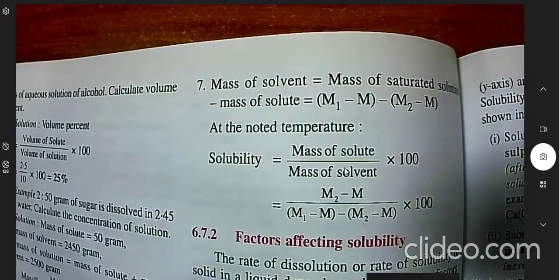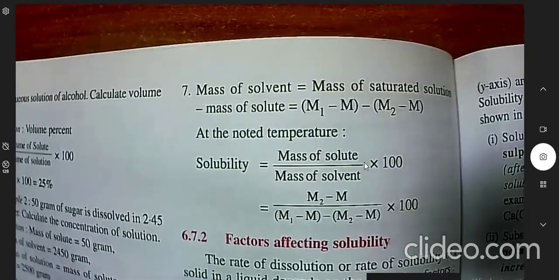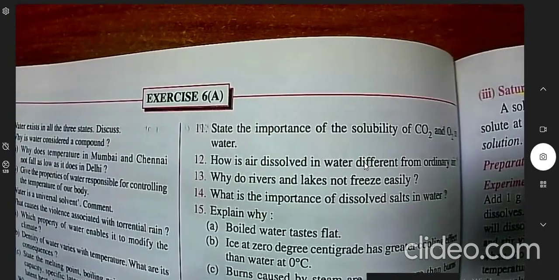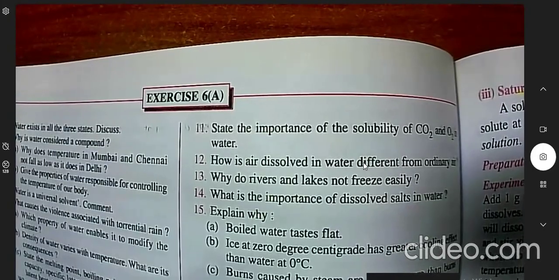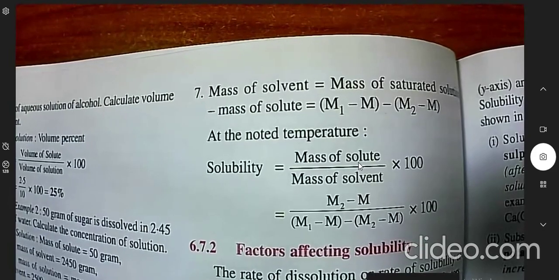Sometimes they also do it with respect to the solution. The mass to mass ratio is also done with respect to the solution. So I don't know why he's finding it with respect to the solvent.